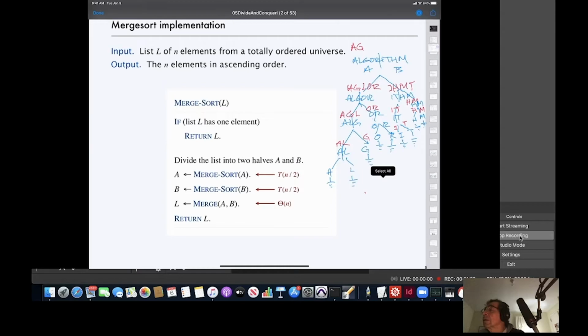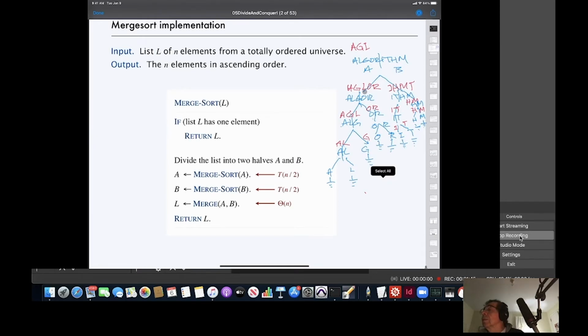Then we advance the pointer, and then we would be comparing L against I. So I comes first, and then we would be comparing now L against M.